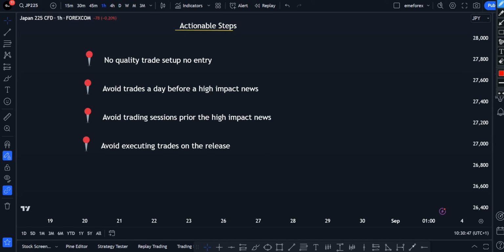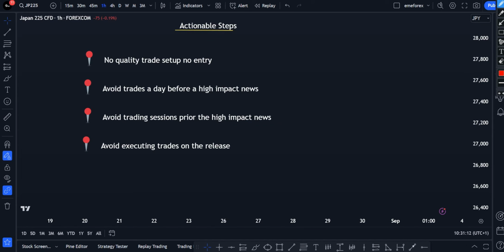There's issues of slippage, spreads widening, and many random things that you don't want to be caught up in trying to execute right on the spot of the release. Your orders might not be filled, and of course, you don't want to be caught up in any of those nasty market conditions. Not to mention when the market whipsaws or you're taking a buy, you're taking a sell, all of those things. You want to avoid them totally.